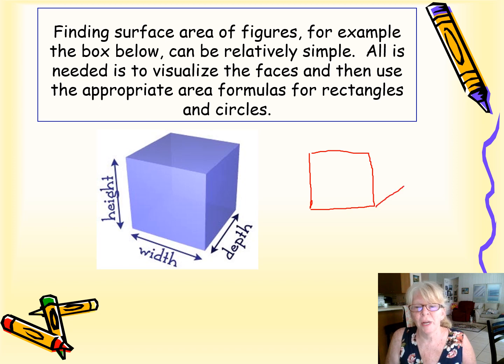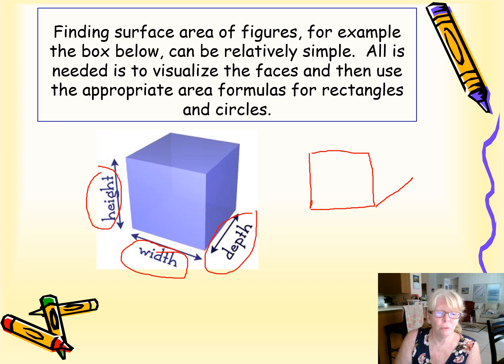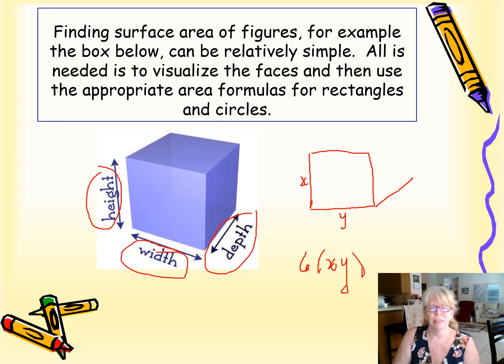And then, of course, we have depth. So you would have one number times one number times one number for volume. But when you're doing the surface area, I'm going to wrap this up, or I'm going to use cardboard to make it. I need X times Y, and I need that 6 times. So 6 times X times Y, okay? So I need that much cardboard.